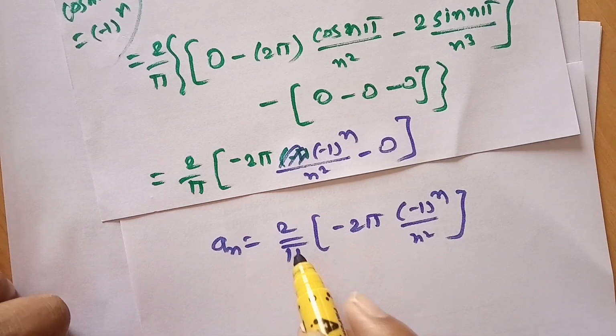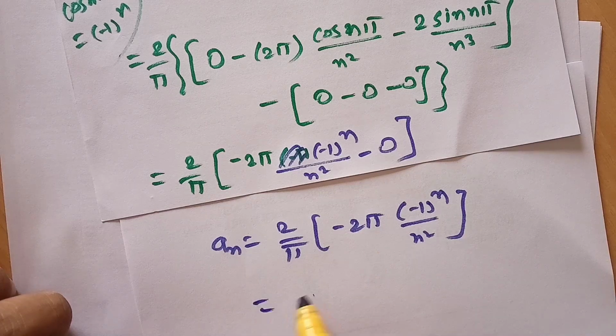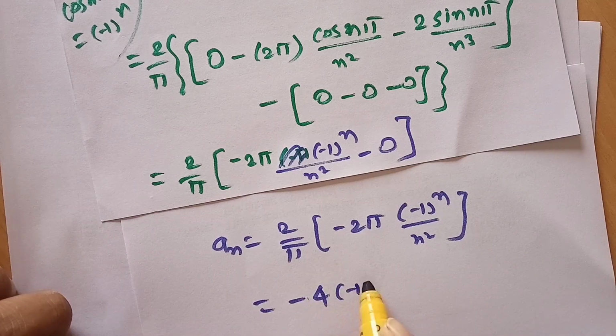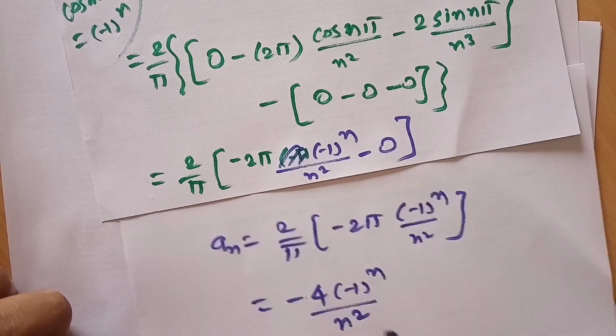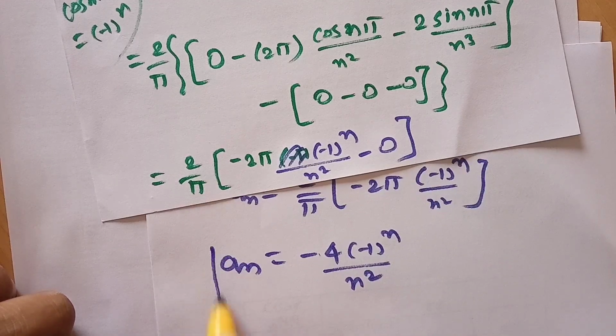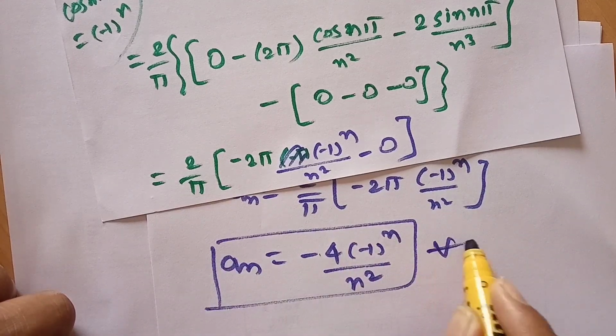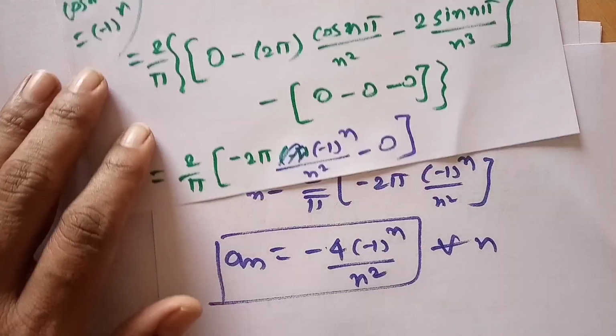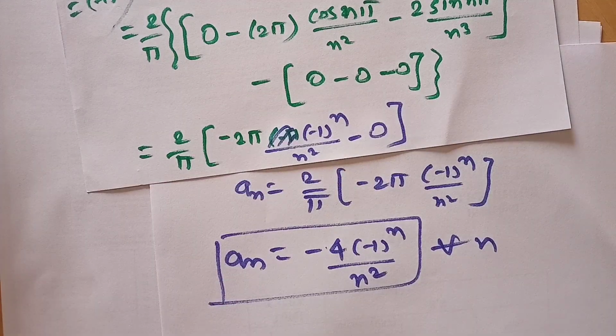Again I will rewrite this, pi get cancelled. We are getting here minus 4 minus 1 raised to n divided by n square. This is our an, for all n. We are getting an is equal to minus 4 minus 1 raised to n divided by n square.